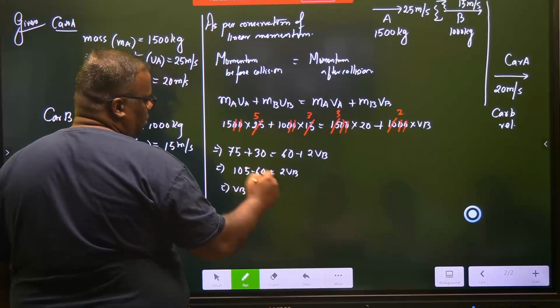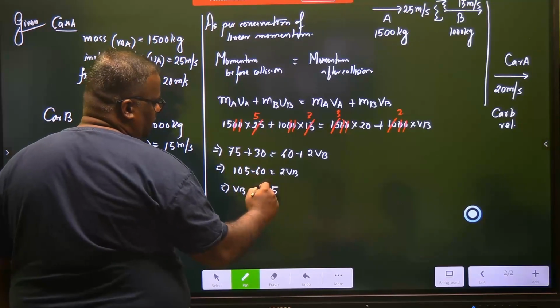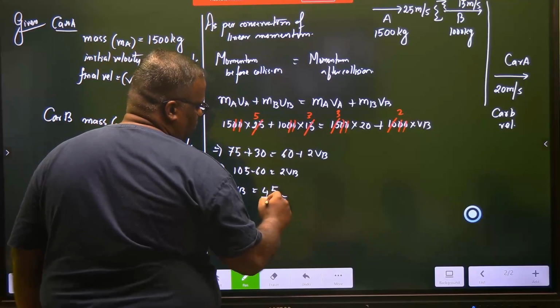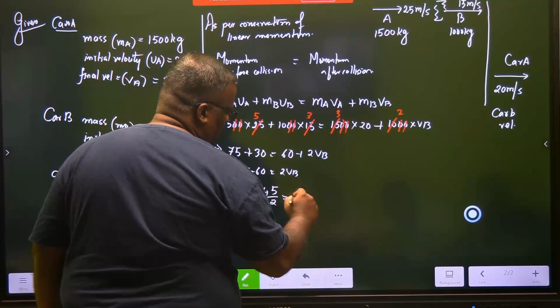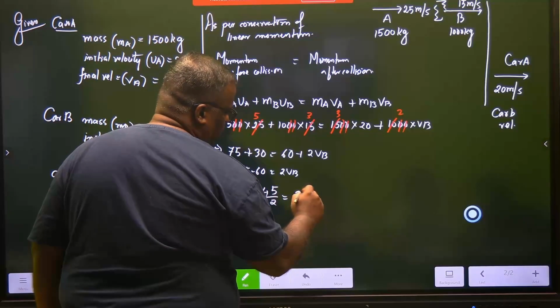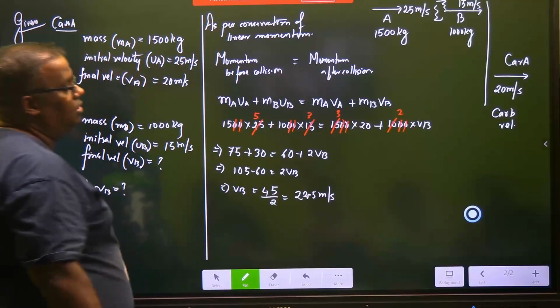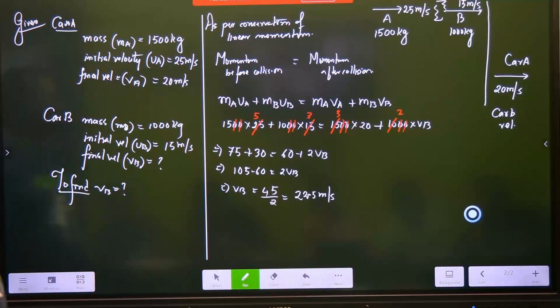So VB equals 45 divided by 2. 40 divided by 2 is 20 and 5 is 2.5. So this is 22.5 meters per second. What sign did I get? Positive. Means car B continues to roll in the same direction.